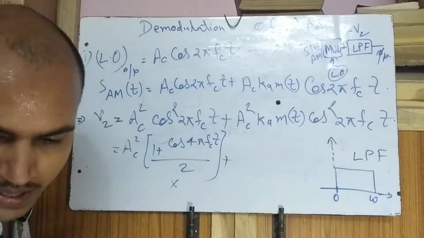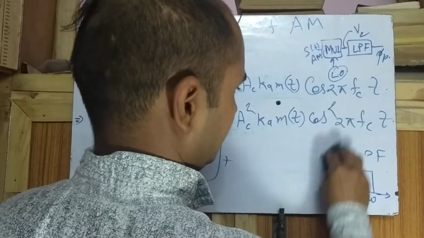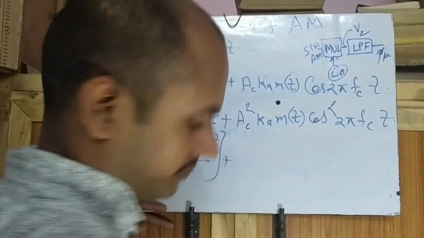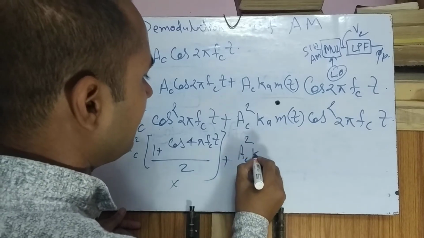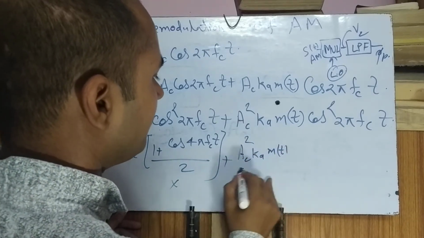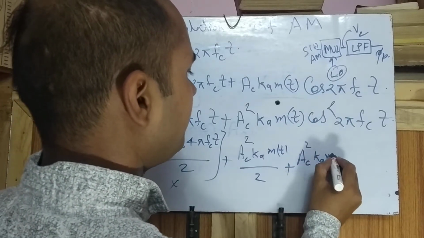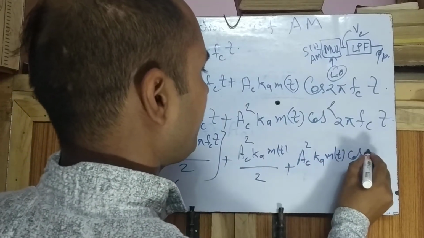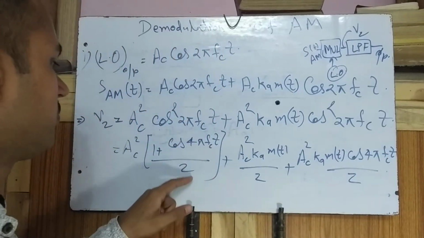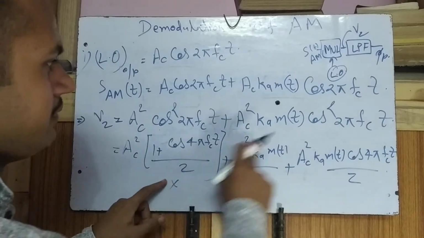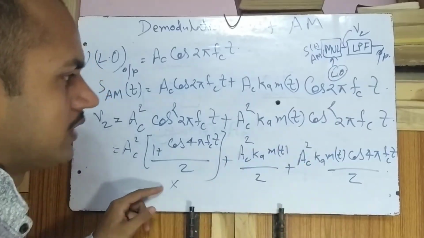So I am removing this LPF characteristic. Let's see. Ac² ka m(t) by 2 plus Ac² ka m(t) cos 4πfct by 2. The (1 plus cos 4πfct) by 2 will be multiplied by Ac² ka m(t). We will get two terms.